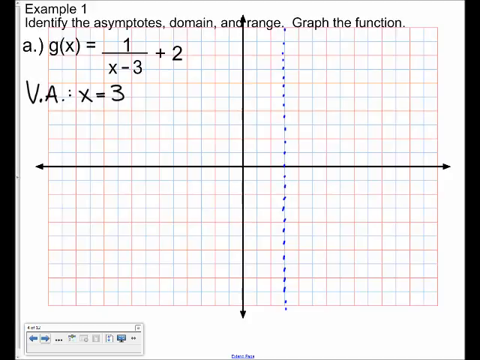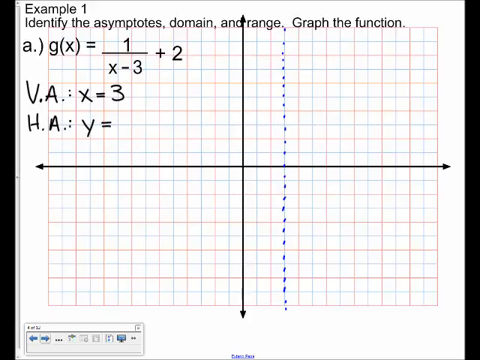Now, guys, the horizontal asymptote is a little bit trickier, so listen about why we have another asymptote. This is going to be y equals a number. Now, since my numerator is the number 1, can I ever get this component here, 1 over x minus 3, to be 0? No. Why? How would I get a fraction to become 0? Where do I need the 0? In the numerator. Will my numerator ever be 0?